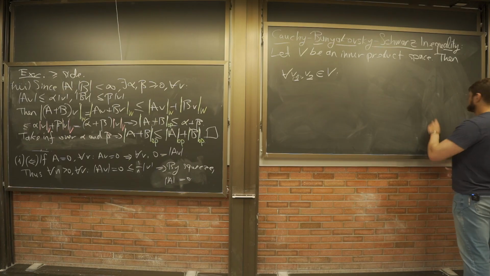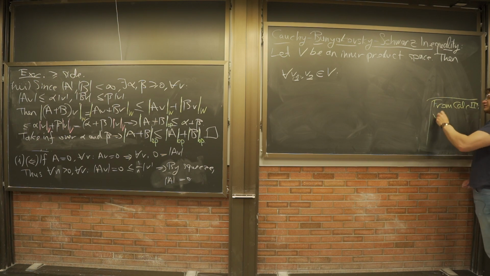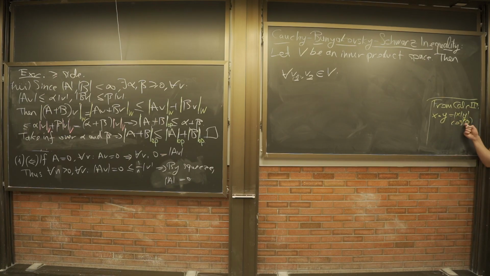So from Calc III, you know that x dot y is x norm, y norm, times cosine of the angle between. This cosine is between -1 and 1, which means that if you were to not write this, this would increase. Right?